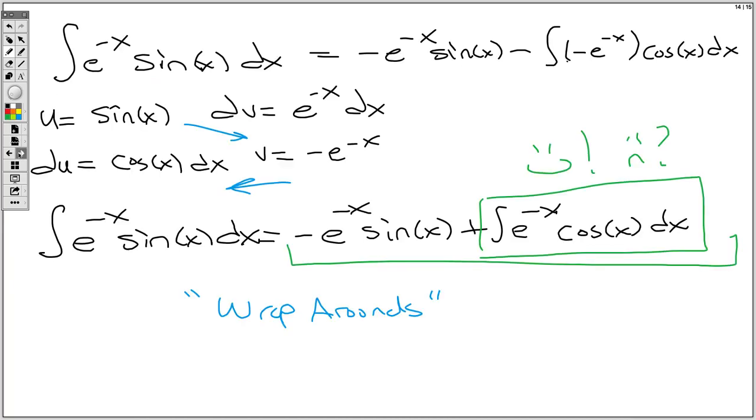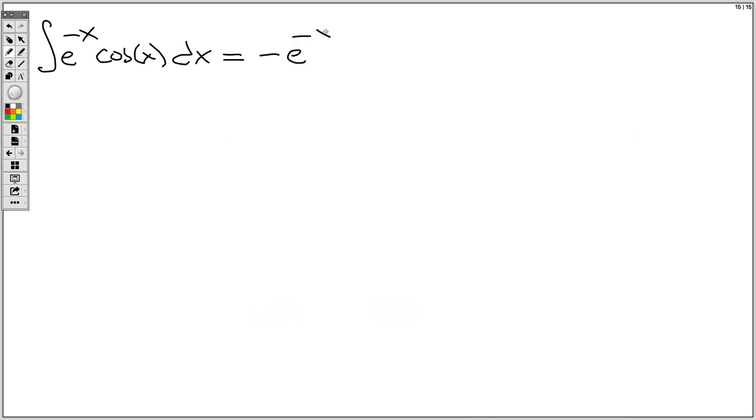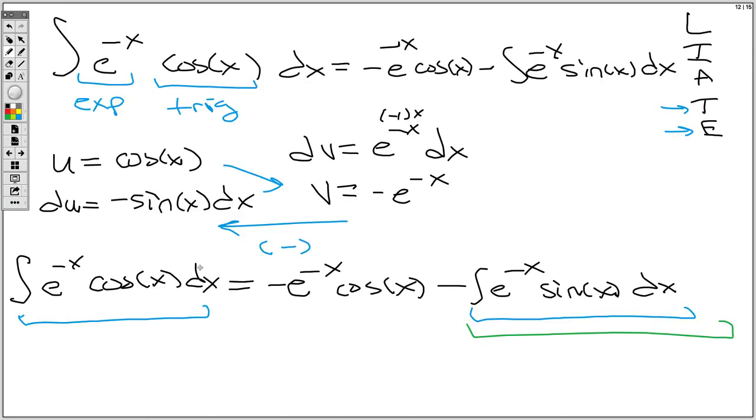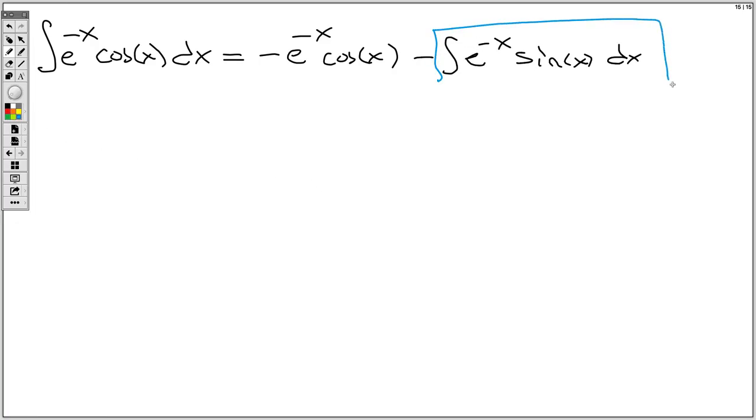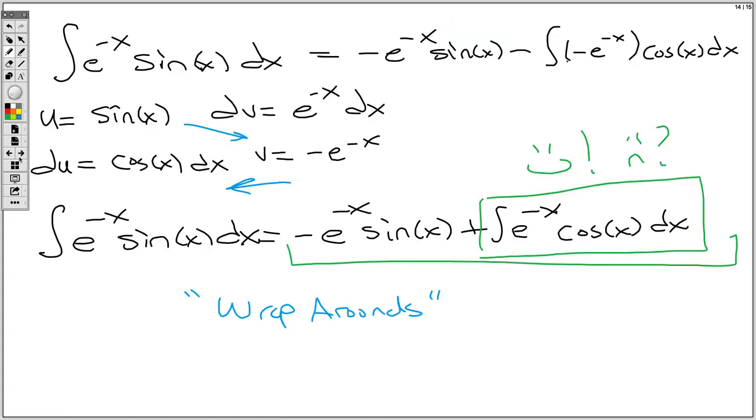Negative e to the minus x cosine x minus the integral e to the negative x sine x dx. And now I'm going to replace this integral with what I've got here.